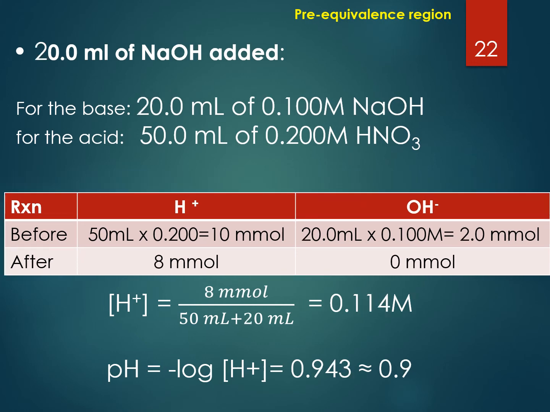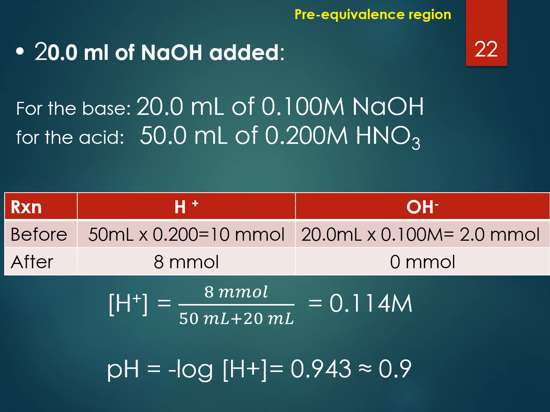Next is when we add 20 ml of hydroxide, the same process. We get the stoichiometry. Our excess is still the nitric acid, in excess by 8 millimole. All of the hydroxide that we have, which is 2.0 millimole, is neutralized by also 2 millimoles of H plus.